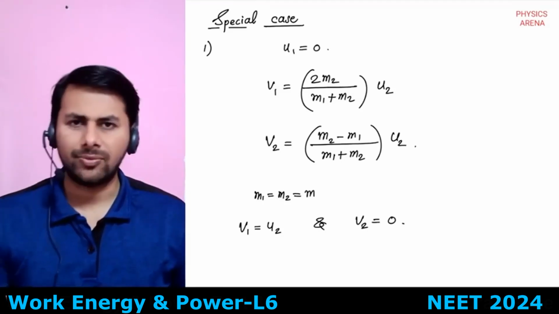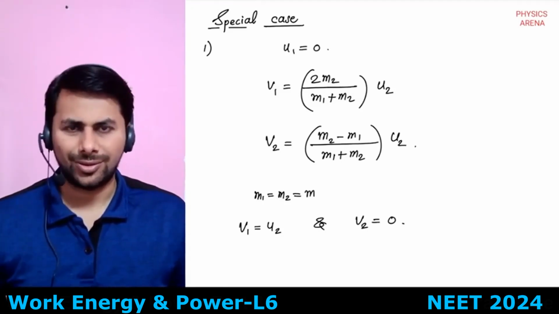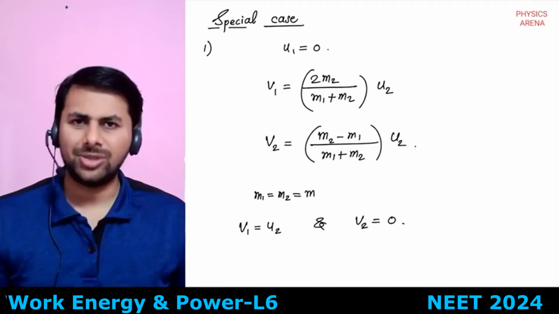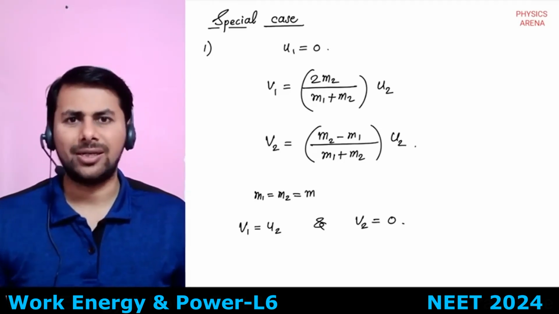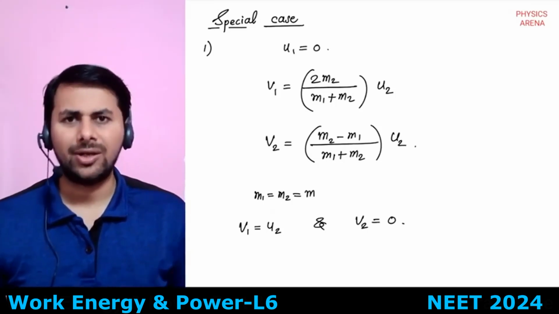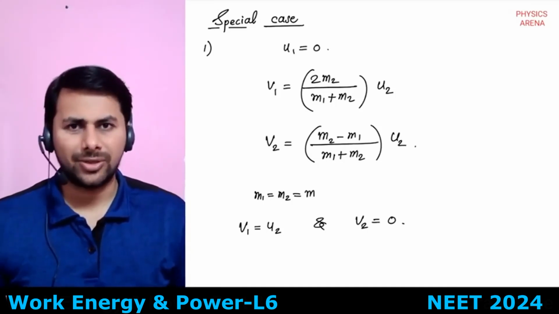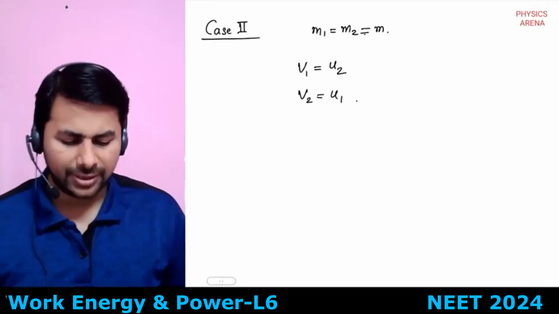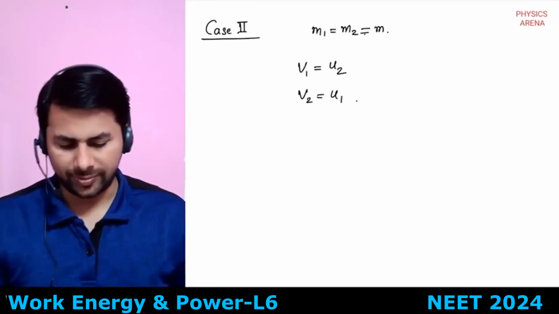This happens in the case of the elastic collision. So there is exchange of velocities if the masses are equal in case of perfectly elastic collision. This is an important point. There can be a question based upon this thing.